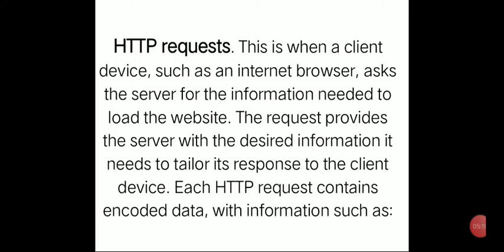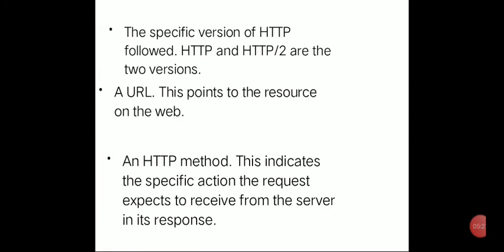Each HTTP request contains encoded data with information such as the specific version of HTTP followed, HTTP and HTTP/2 being the two versions; a URL, which points to the resources on the web; and an HTTP method, which indicates the specific action the request expects to receive from the server in its response.